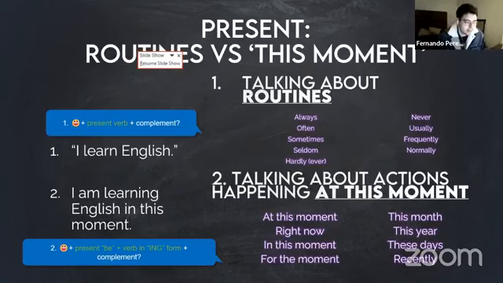Can you repeat, Virginia? So these time expressions correspond to the verb in present. And these time expressions, at this moment, right now, in this moment, for the moment, etc., correspond to the verbs in ing.